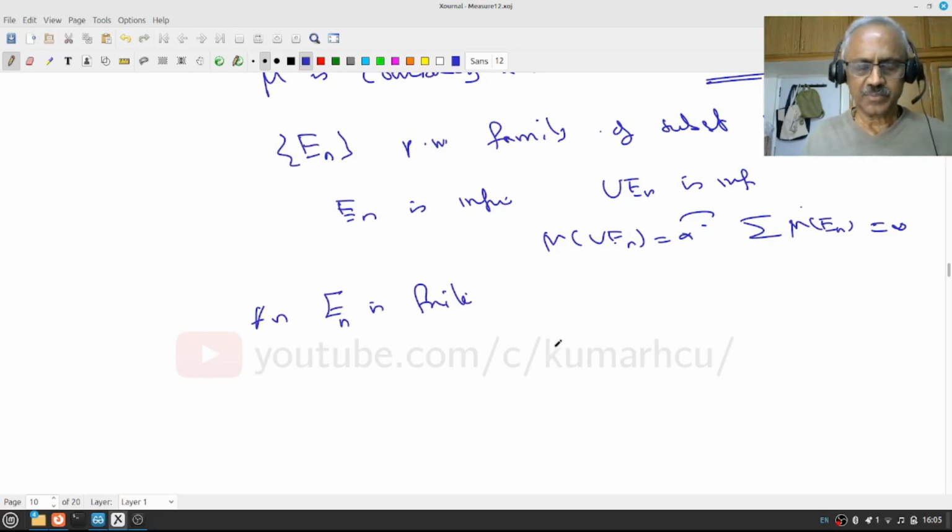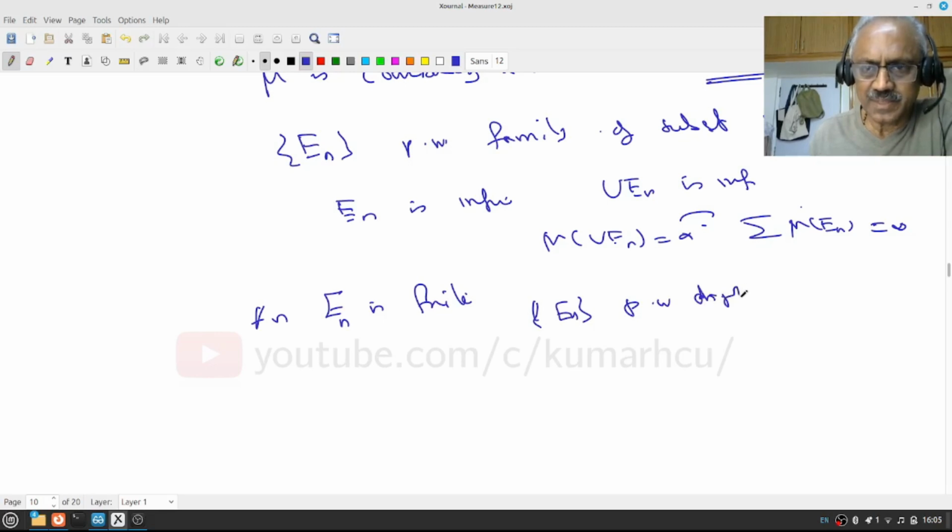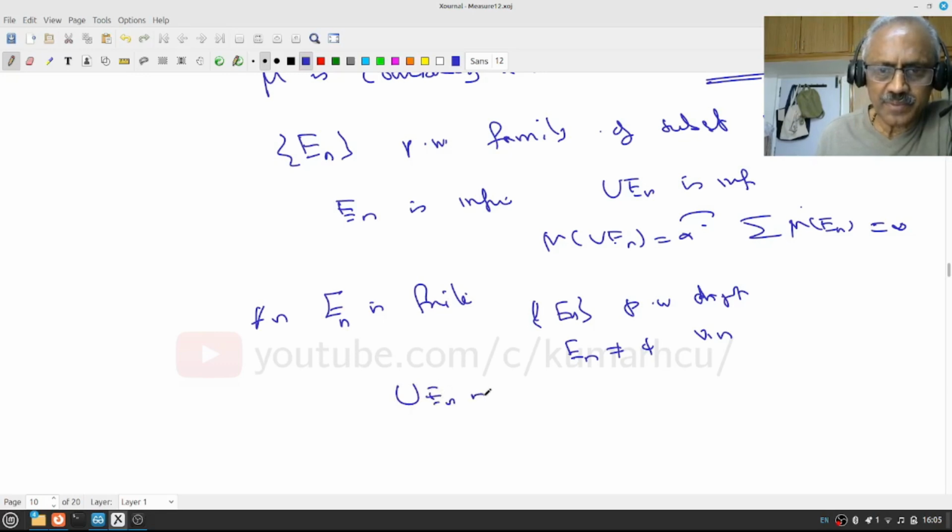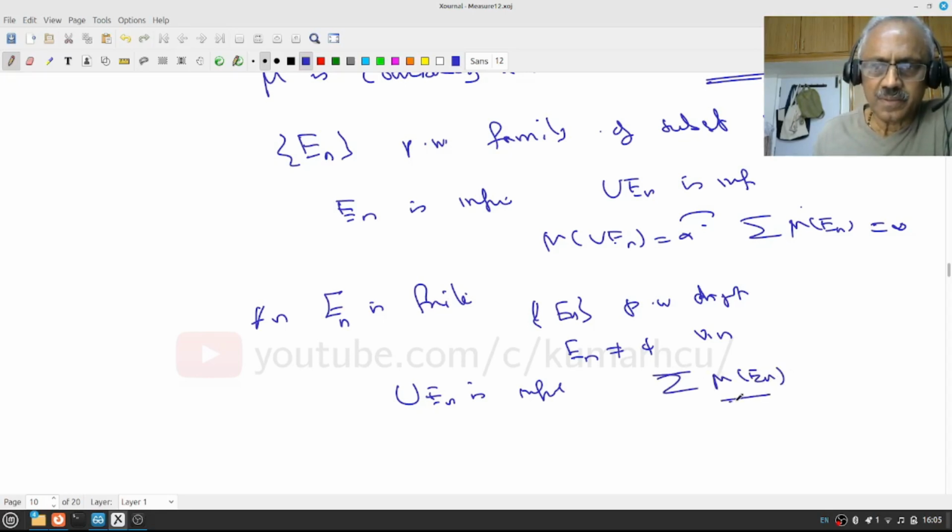Now do you see something interesting? If all my E_n are pairwise disjoint as given, and suppose they are all non-empty, then the measure of the union will be infinite, and the summation of mu of E_n also, since each one of them has at least one element, will also be infinite.